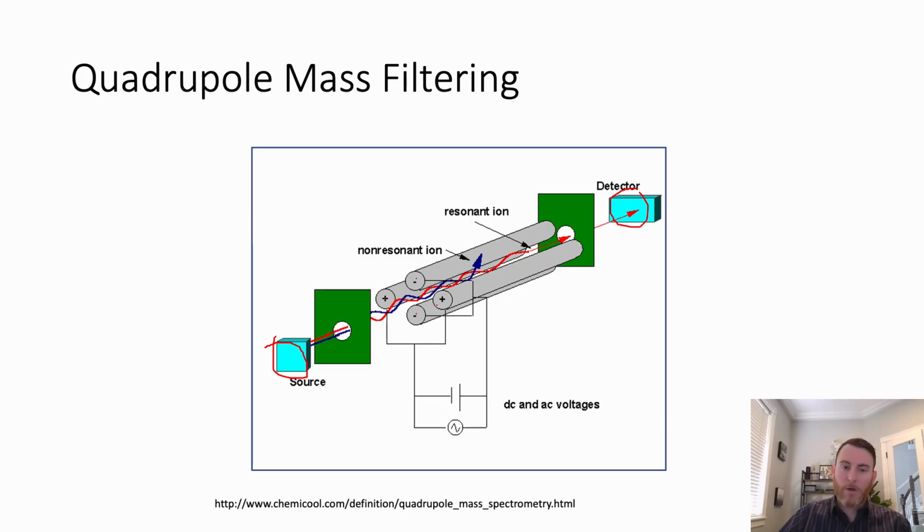And so the way that works is, let's say that both the blue and the red ions are positively charged. As they enter into the mass spectrometer, their first attraction is to one of the 2 negatively charged poles. And so both of them are getting ready to collide with one of these negatively charged poles. But right before that happens, the charges flip.